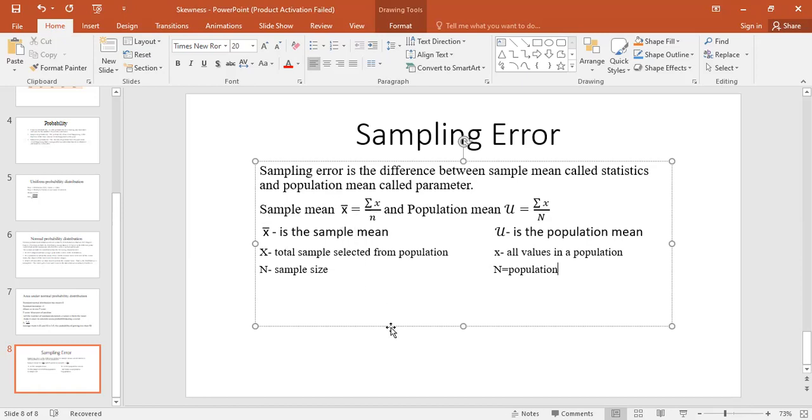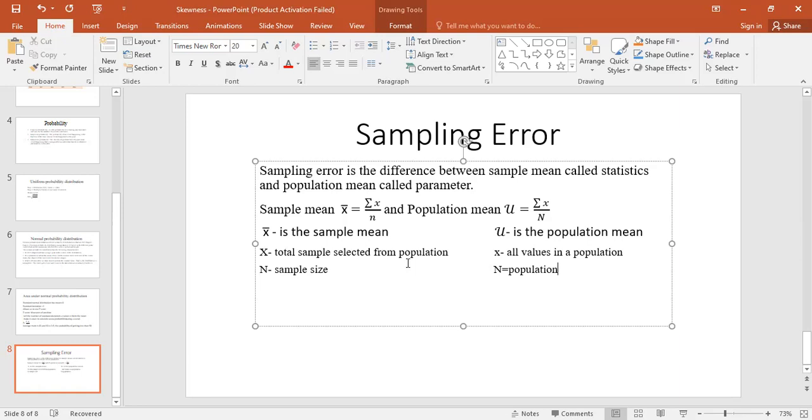So the sample mean, x bar, equals the summation of x, that means total x, divided by n. Here x bar is the sample mean, and x is the total of the samples selected from the population. That means you have 30 days in a month, and from those 30 days you select a specific number of flights to find the sample mean.